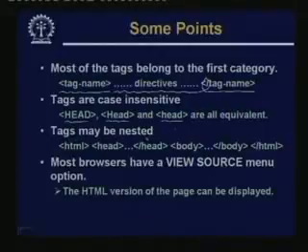Tags can be nested just like you can nest structures in a program. This is one simple example. This is a tag HTML, this is begin HTML, this is end HTML. Now within this begin and end, there is a begin head, begin body, end body.